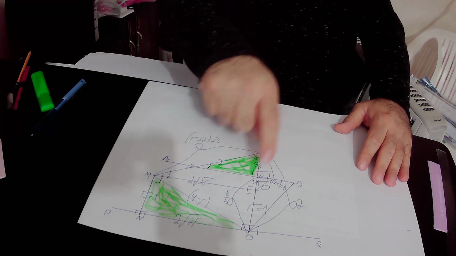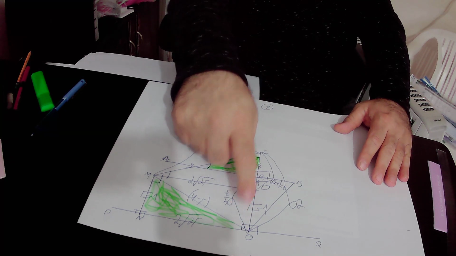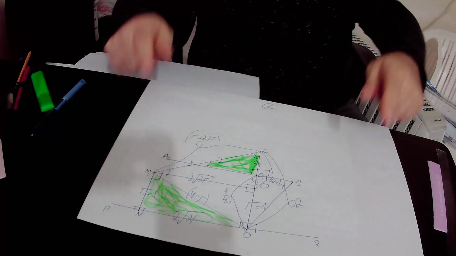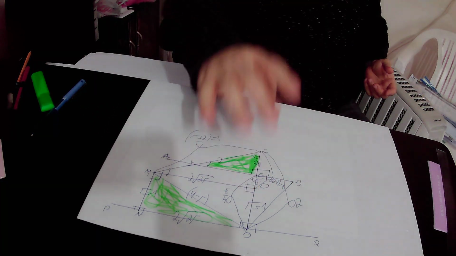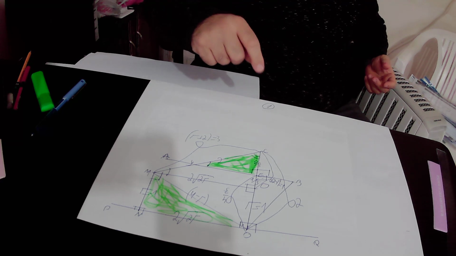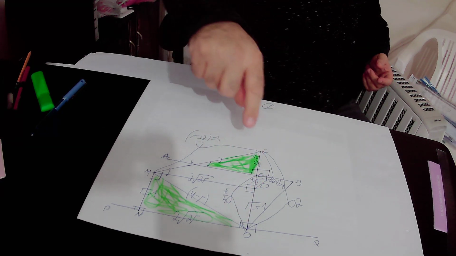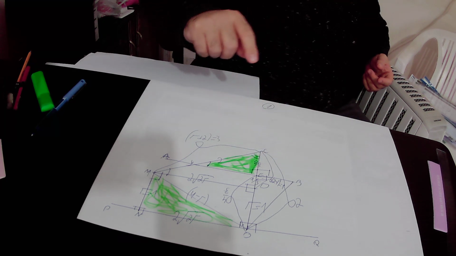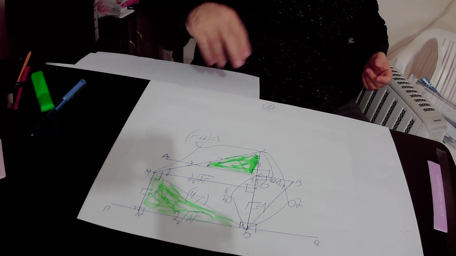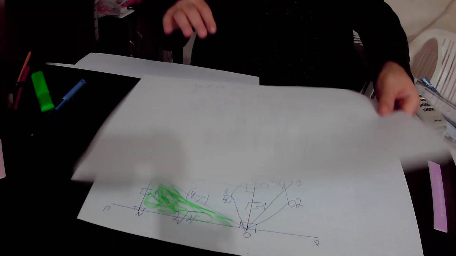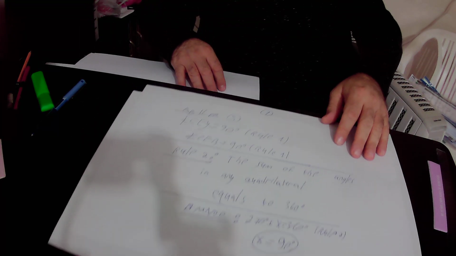These are two corresponding angles located between the parallel lines AB and PQ, therefore they are equal to each other according to rule number 1. That is to say, this angle is a right angle, and it equals angle CEY. So in total we got that angle CEY equals 90 degrees according to rule number 1.